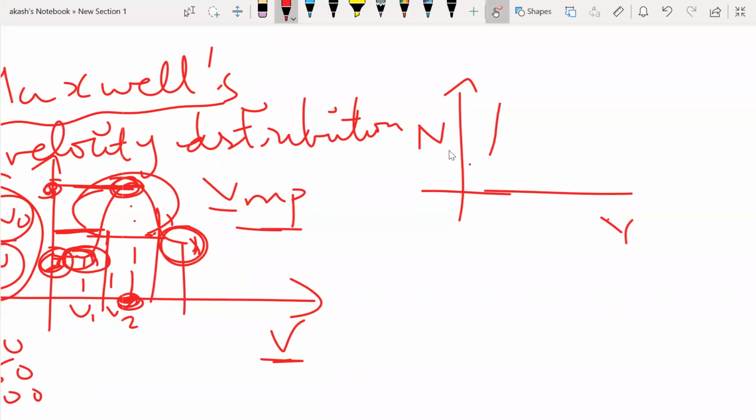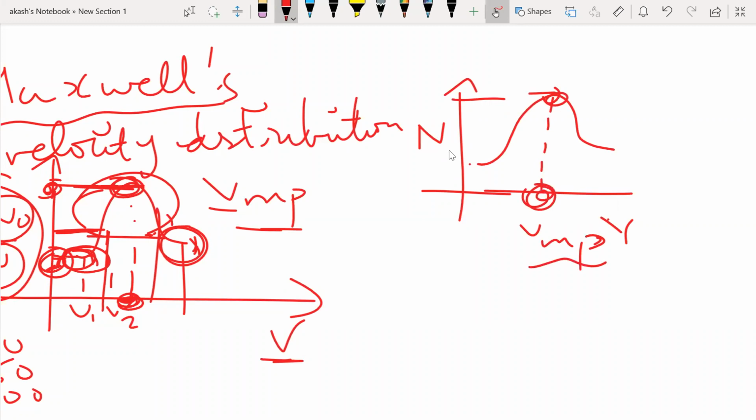If the graph is something like this, this velocity is VMP. You can see that's the maximum number of gaseous molecules I have, and the velocity possessed by them is the most probable velocity. Yes, understood?